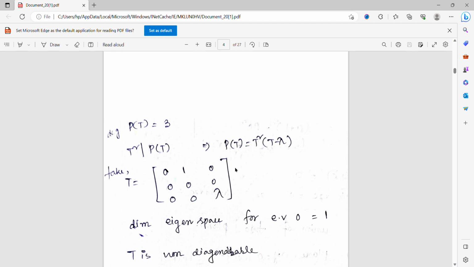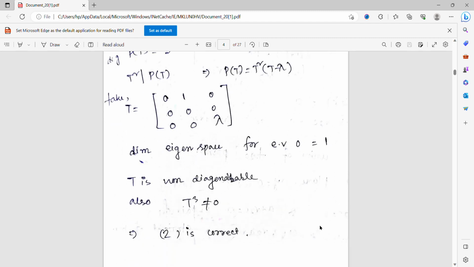Now the dimension of the eigenspace for eigenvalue 0 of this matrix T is 1, but the algebraic multiplicity of 0 is 2 here, while the geometric multiplicity for 0 is 1, so T is non-diagonalizable.